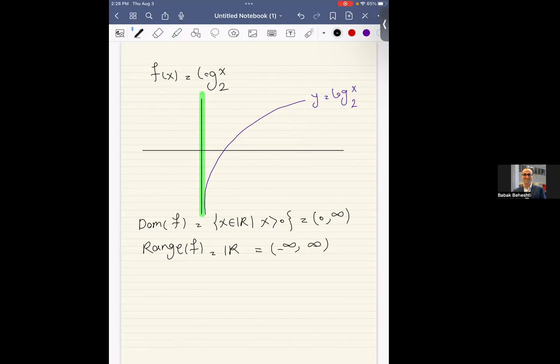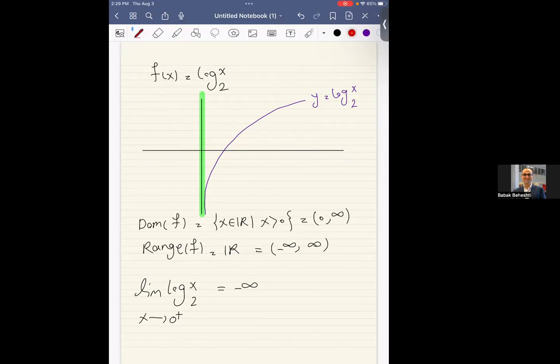Now here you have a vertical asymptote. That means the limit of log x when x goes to 0 plus, where 0 plus means x goes to 0 from the right-hand side, so x is bigger than 0 but approaches 0, is negative infinity. Why is this the case?